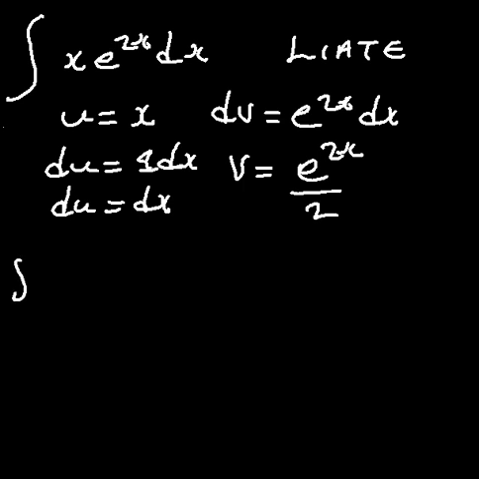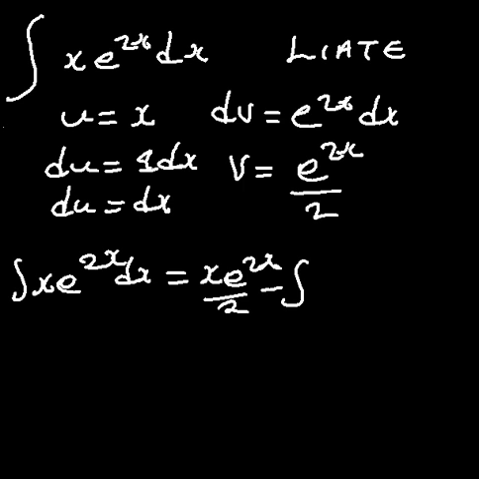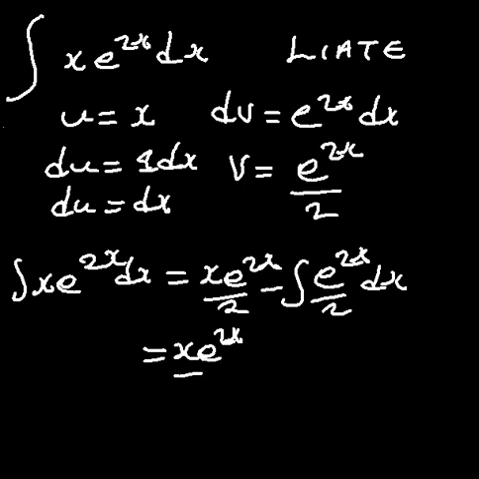Then using the formula for integration by parts, we'll have uv. What is uv? We'll have x e to the power 2x over 2 minus the integral of v du. What is v? e to the power 2x over 2, and du is dx. So this is x e to the power 2x over 2, minus half the integral of e to the power 2x dx.